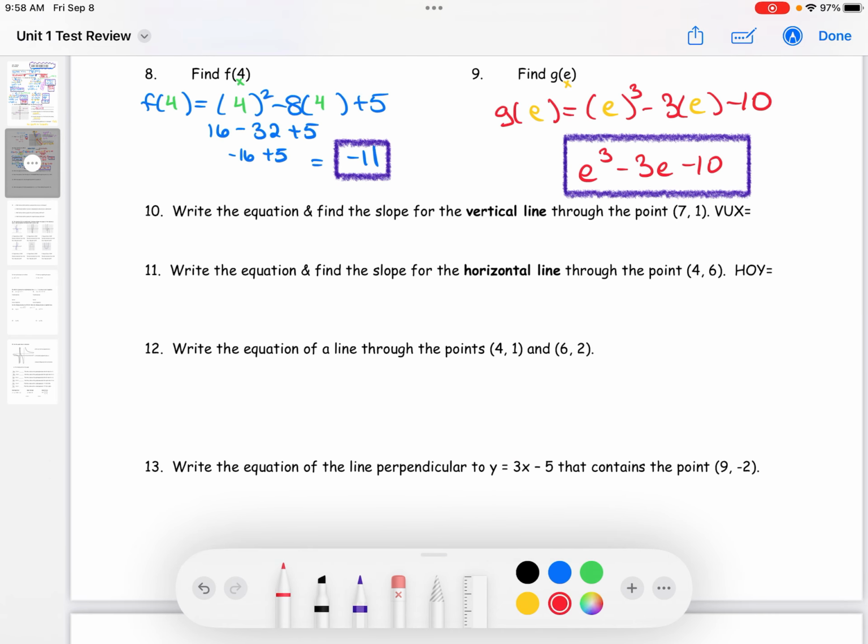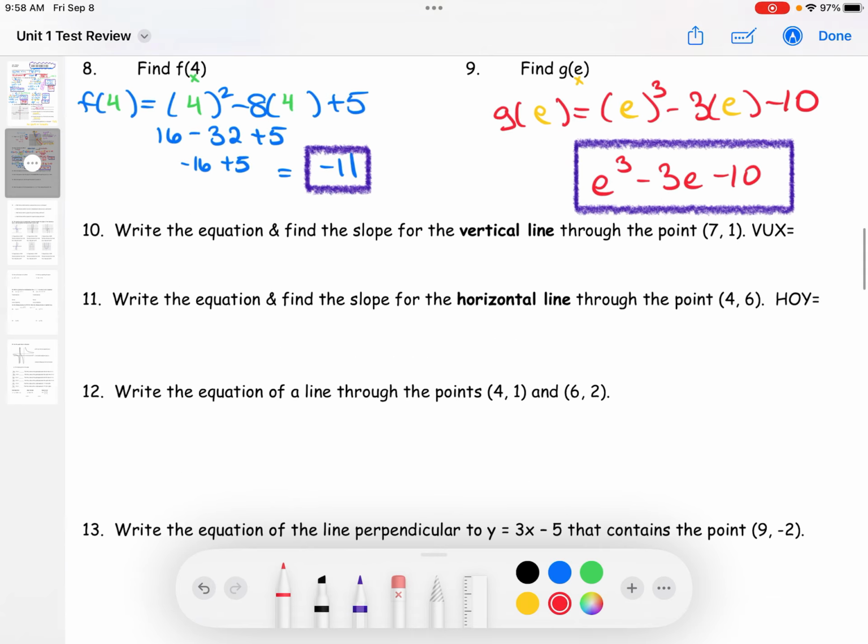Let's take a look at number 10. We are writing an equation and finding the slope of the vertical line through the point 7, 1. We're thinking VUX, V-U-X, equals V for vertical, U for undefined slope, X for crossing the x-axis, and X equals for the equation.